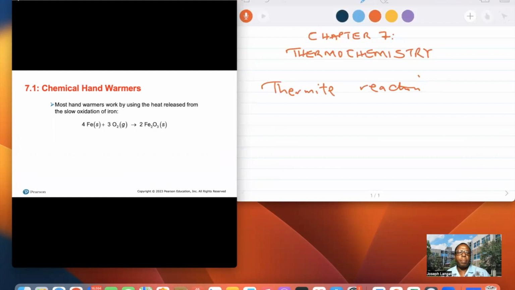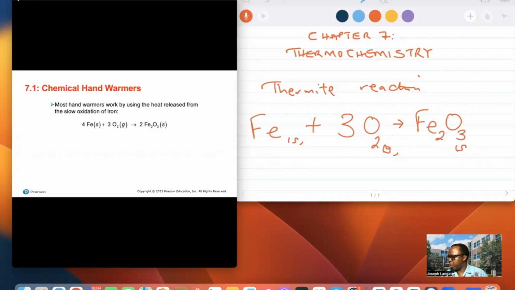If you look at the chemical equation, it is iron in solid form reacting with oxygen gas to form iron(III) oxide, which is solid.